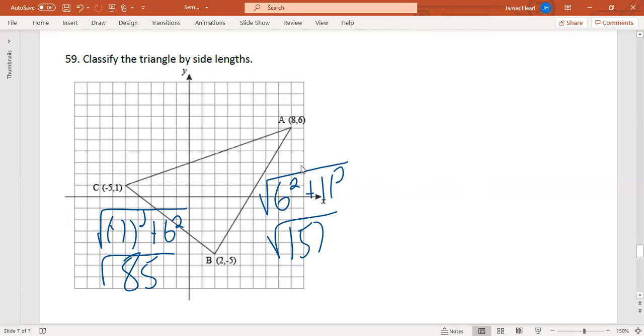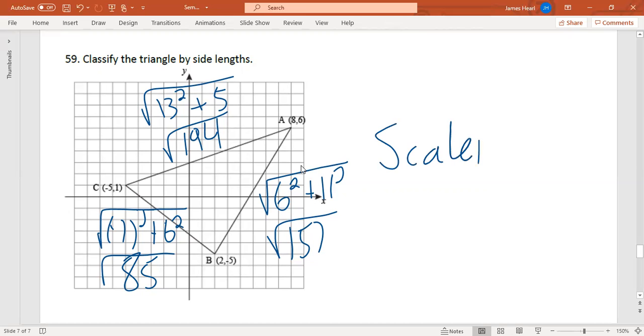And then last but not least, from C back to A. So we'll take the square root of, -5 to 8 is 13 squared, 1 to 6 is 5 squared. So that is the square root of 169 plus 25, which is 194. All three lengths are different. This must be a scalene triangle.